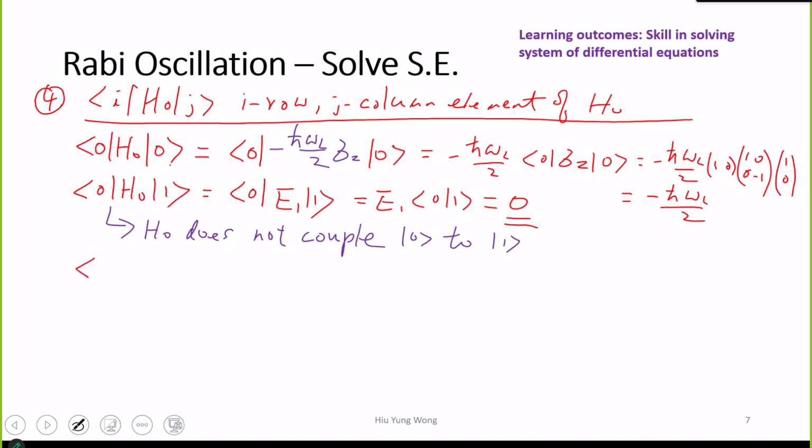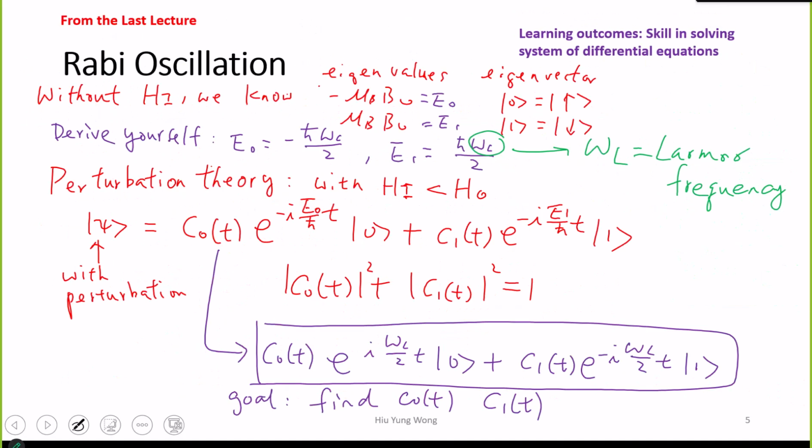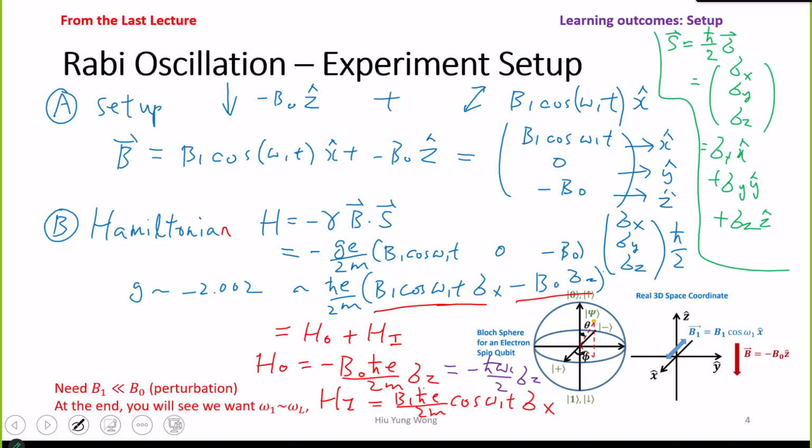Let's look at this. How about ⟨0|Hi|1⟩? Right? So this is different. So let's just write down the Hamiltonian of Hi. This is equals to, you can copy from earlier, here, right, on the bottom, Hi is this.